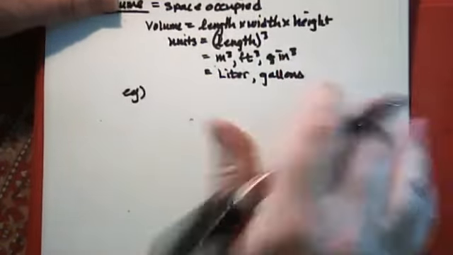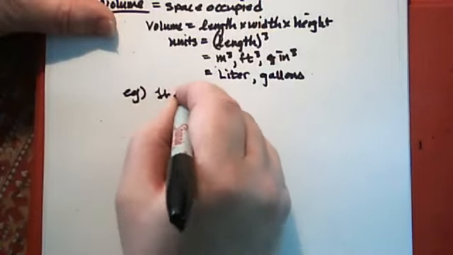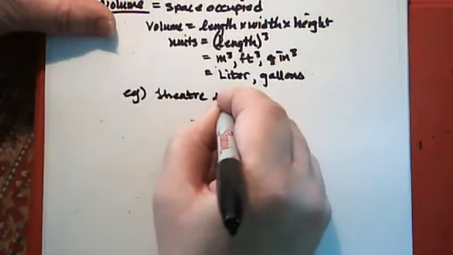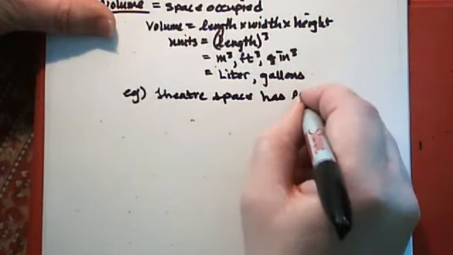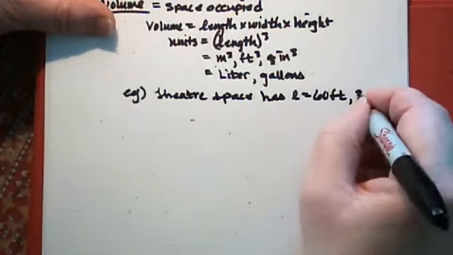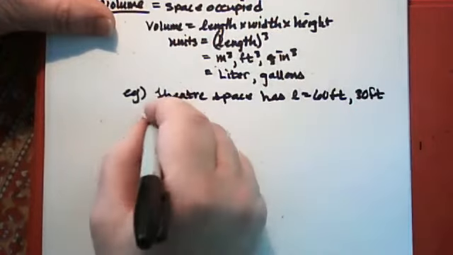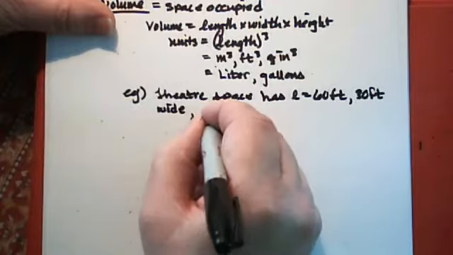An example of a volume calculation would be, suppose that same theater space is 60 feet long and 30 feet wide and 16 feet high.